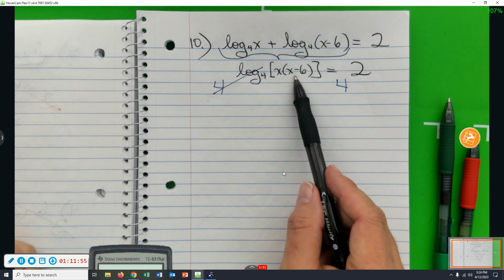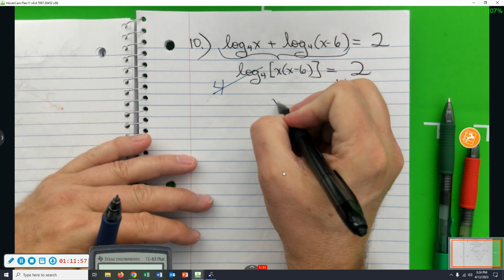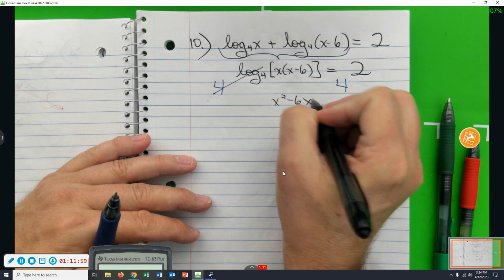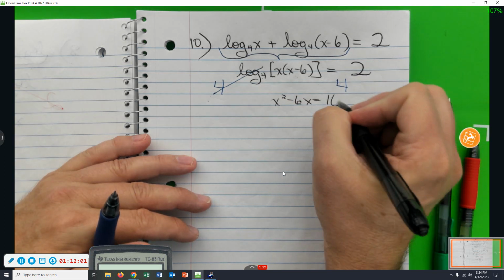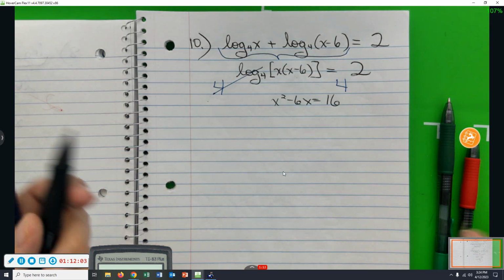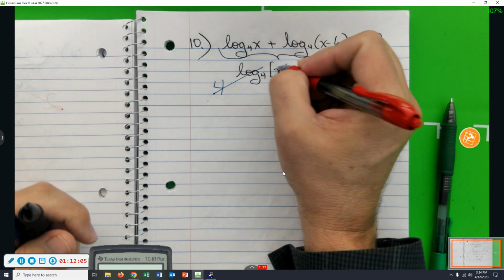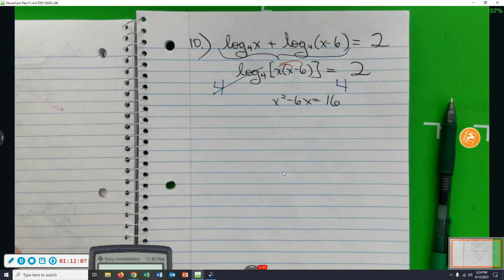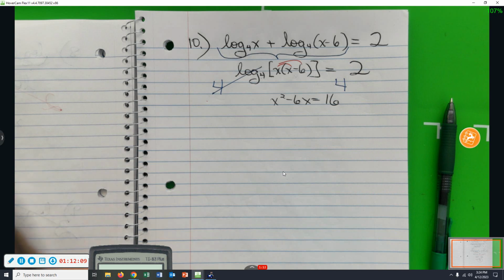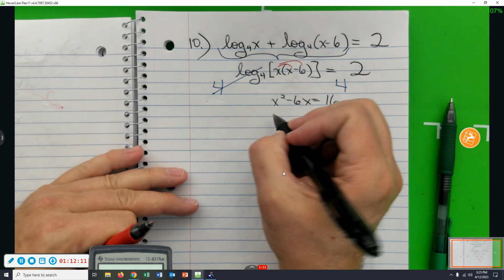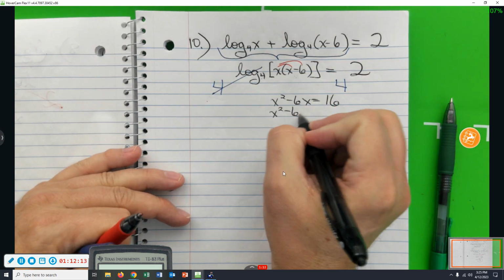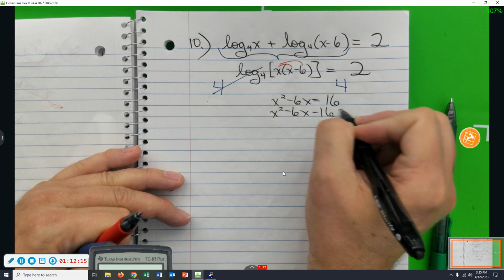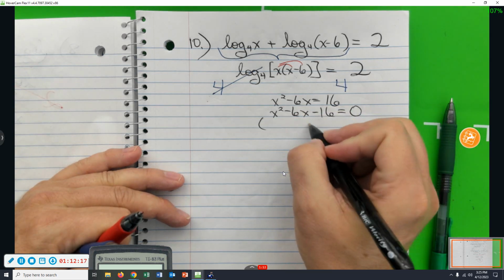And then you get x squared minus 6x equals 16. 4 squared is 16, and then minus 16. That's written in standard form for a quadratic equation.